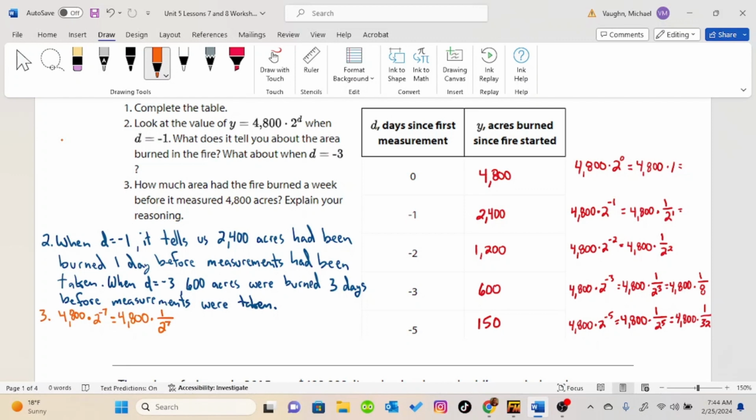And if 2 to the power of 5 was 32, double that again, it becomes 64. Double it again, that becomes 128. So that becomes 4,800 times 1 over 128.